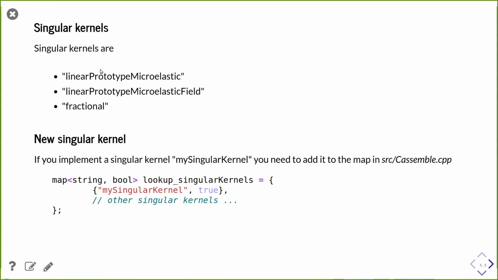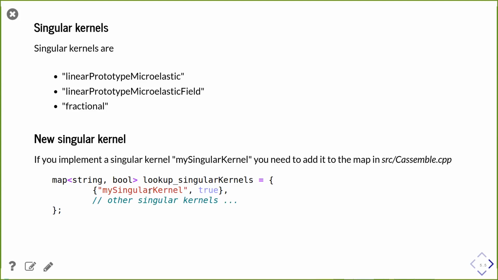Here is just a list of singular kernels. That would be, as I said already, the diffusion type kernels and the peridynamic type kernel. And there's also the fractional type kernel. If you have your new kernel and you want to declare it as singular, there's again some kind of C++ map with a lookup of all those singular kernels.